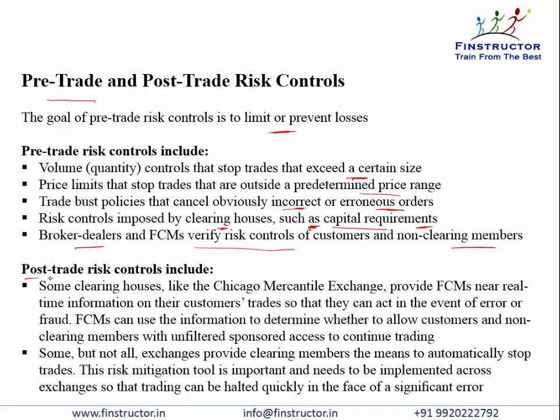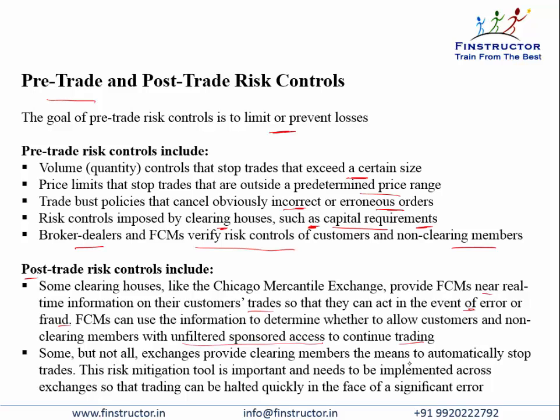Some exchanges also have post-trade risk controls, so they often provide real-time information on the customer's trade so that they can act in the event of an erroneous trade or a fraudulent order. So they can use the information to determine whether to allow customers with unfiltered sponsored access to continue trading or not if they see some actions of manipulation or continuous errors.